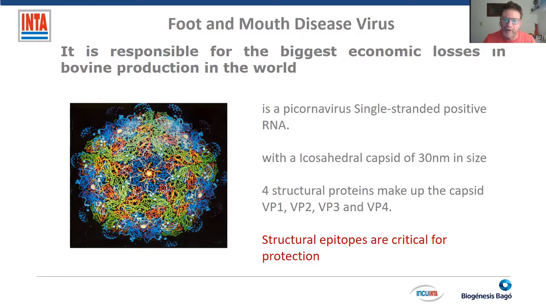The names of these proteins are VP1, VP2, VP3, and VP4. VP1 is the protein that is more immunogenic and induces neutralizing antibodies, but it's important to mention that the structural epitopes are critical for the protection. So making a VLP is a good strategy to develop a new generation of vaccines.